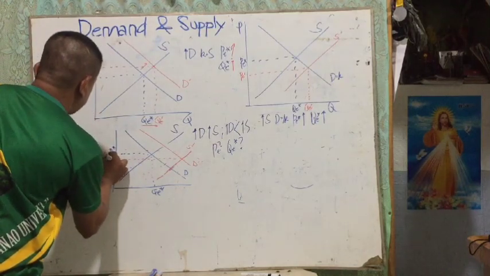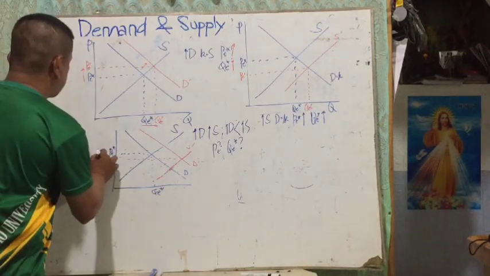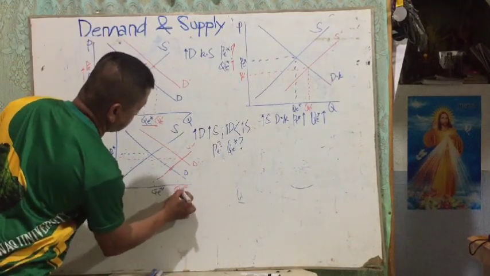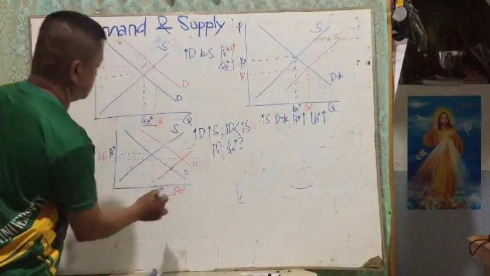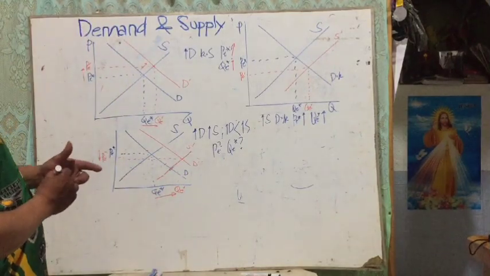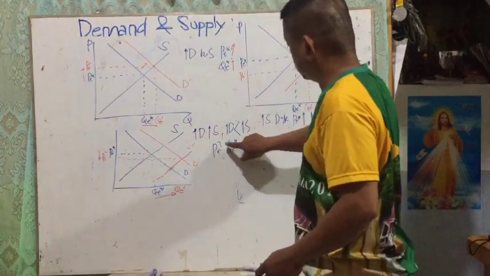So, the equilibrium price had changed and that becomes decreased. While on the other hand, the equilibrium quantity had increased. Okay? So, that is now the result of this situation.